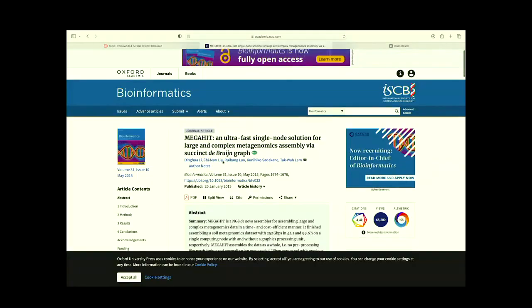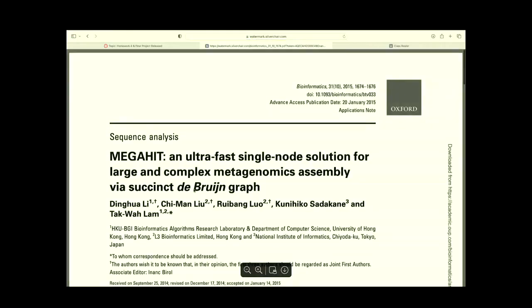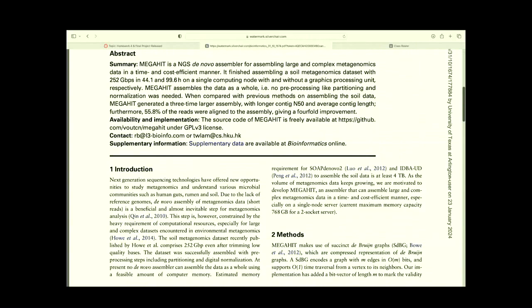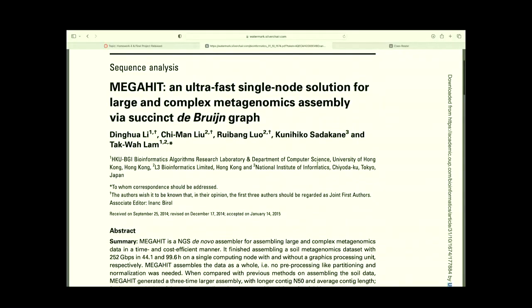I'm on UTA Wi-Fi right now, so if I click on this PDF, it will download the paper that normally costs money, and it'll put a watermark on it saying I downloaded it through UTA. So this paper has been cited 5,000 or 6,000 times.